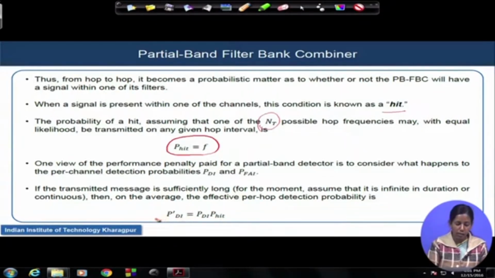So this is the detection performance per channel for the partial band FBC, which is now a function of the hit probability and the actual per channel detection probability of the FBC. This is the relation between partial band FBC and the actual FBC detection probability on a per channel basis.